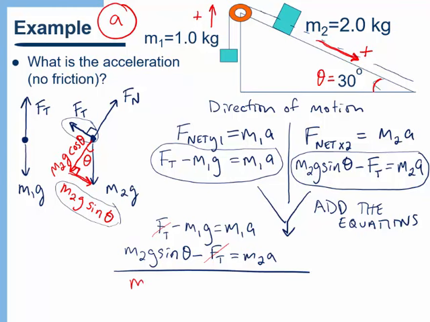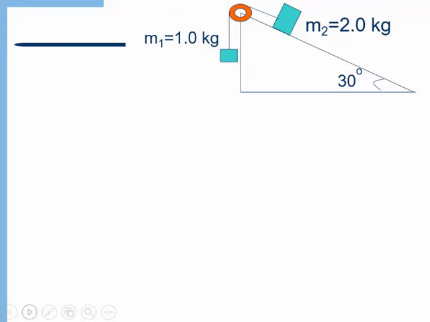And so what we get is m2g sine theta minus m1g is equal to m1a plus m2a. Let me just recopy that on the next slide.